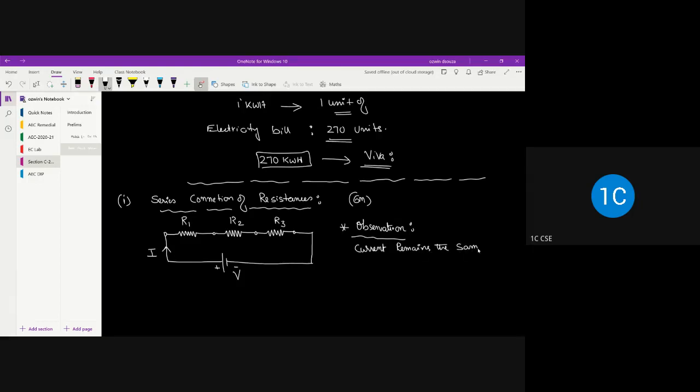Current remains the same in the sense, if you connect an ammeter, let me show you. Let us say I will connect an ammeter. This is just for your understanding purpose. A DC ammeter is connected. The polarity should be correct, or else the ammeter needle will kick back.